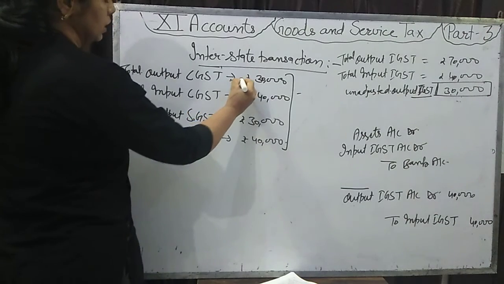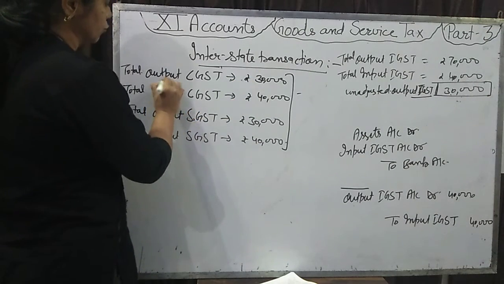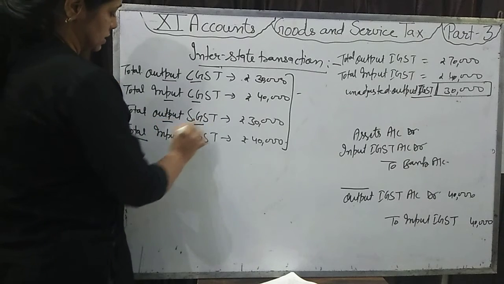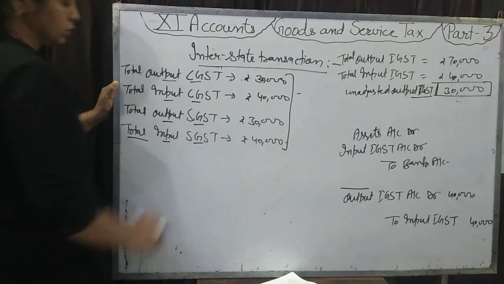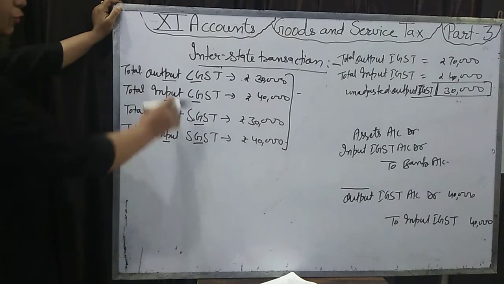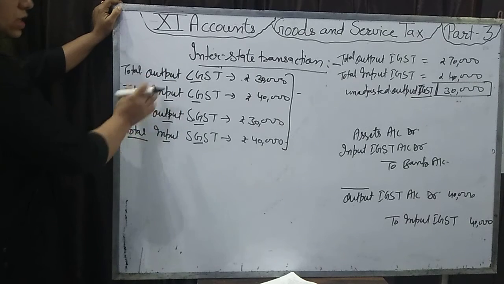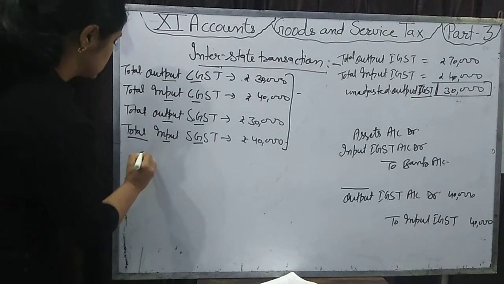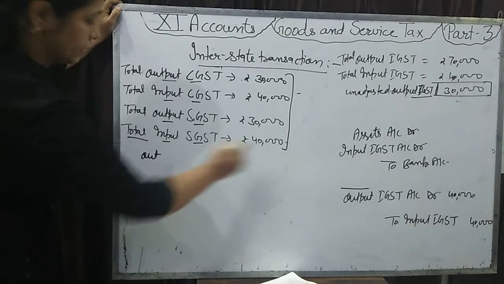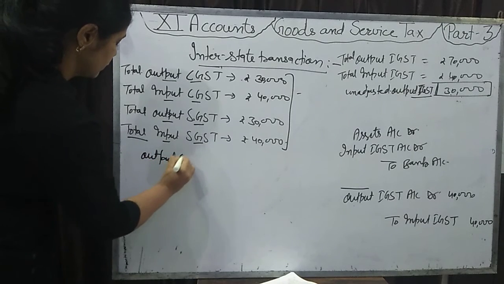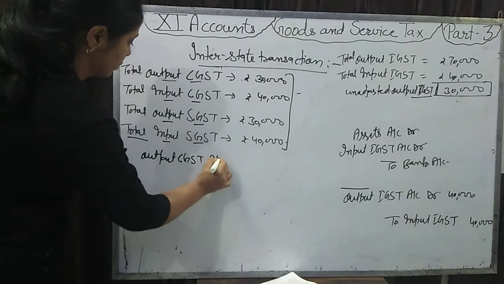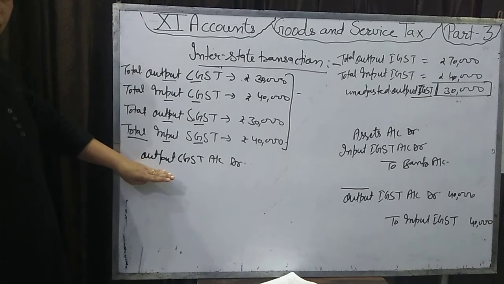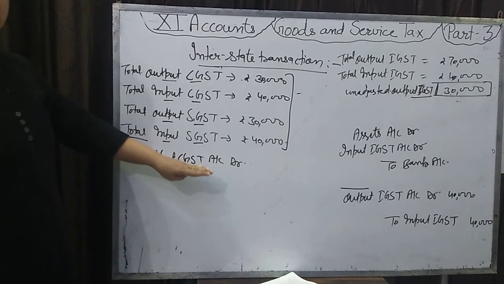Now first of all, we will adjust the output CGST from input CGST and output SGST from input SGST. First of all, we will adjust CGST. What entry will be passed for the adjustment? The same entry: output CGST account debit to input CGST. This is the adjustment entry of output CGST.